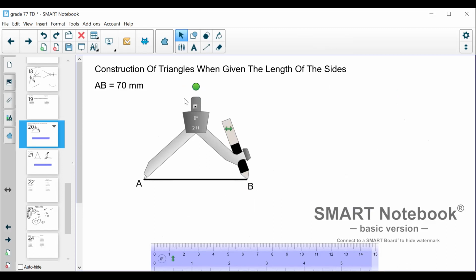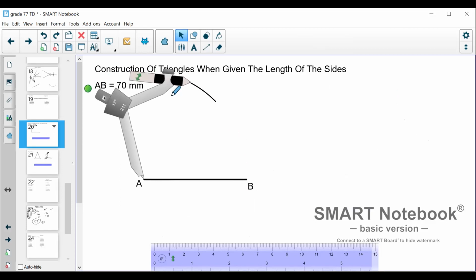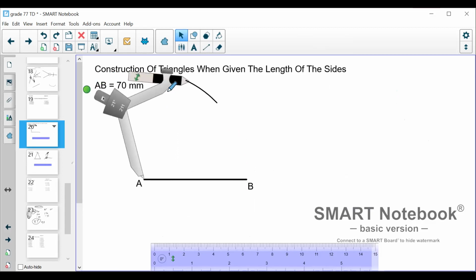So we scribe an arc above when we finish finding 70 mm. Remember, we're looking for C using the same measurement because it's an equilateral triangle.